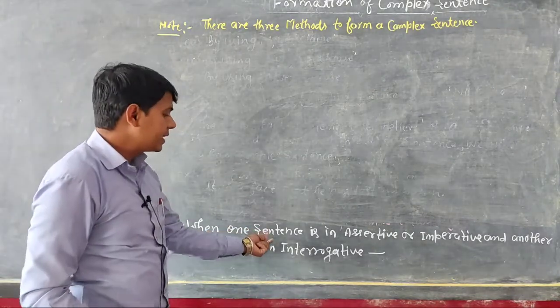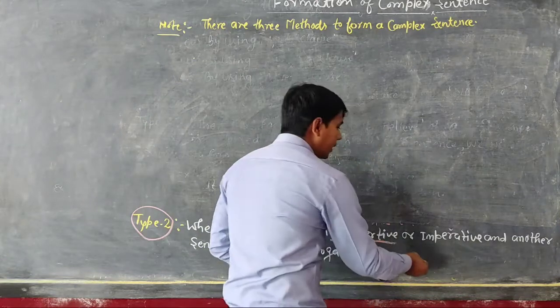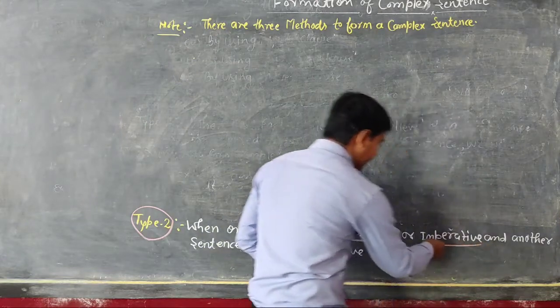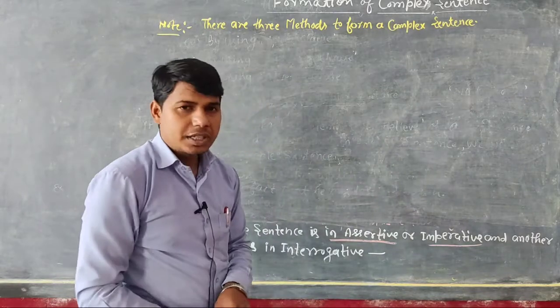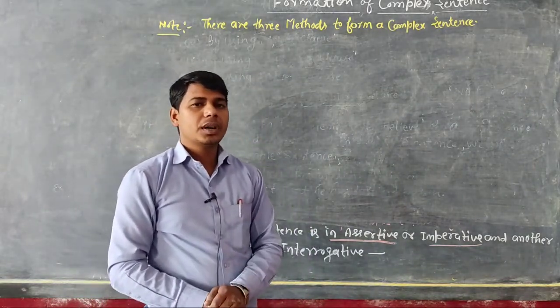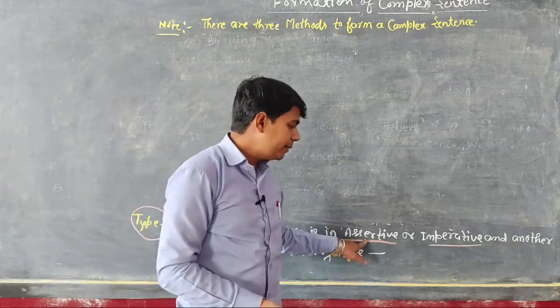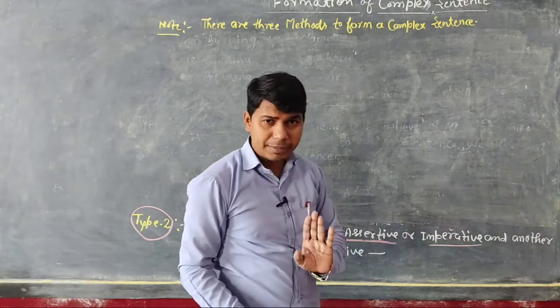When one sentence is assertive or imperative. Okay, suppose that you are given two sentences to form a complex sentence, and one sentence is either assertive or imperative. Are you getting me?